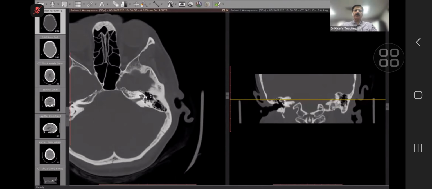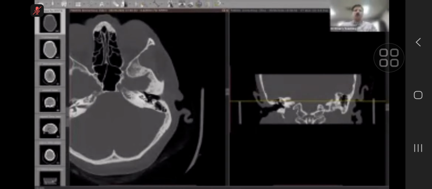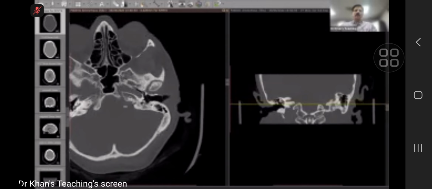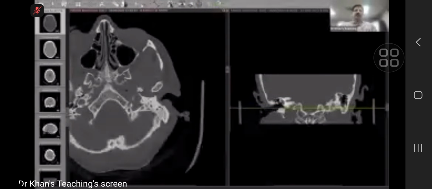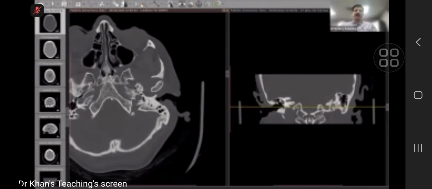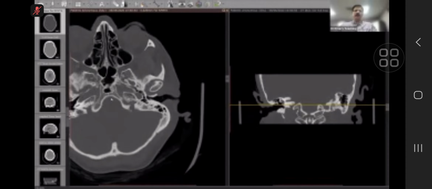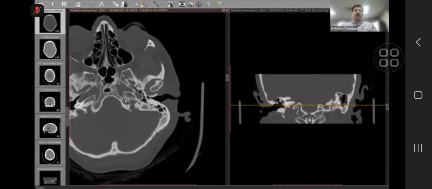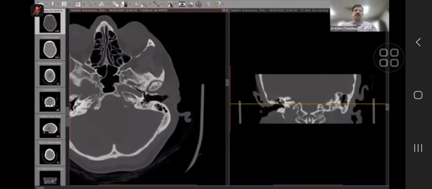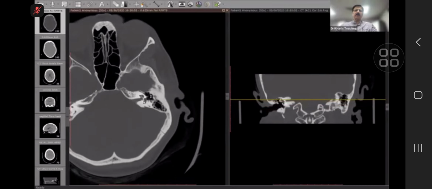So this is the cochlea. But let's have a more global view now. So if we go back, this is the clivus, and then we have got the internal auditory canal. So this is the cochlea.